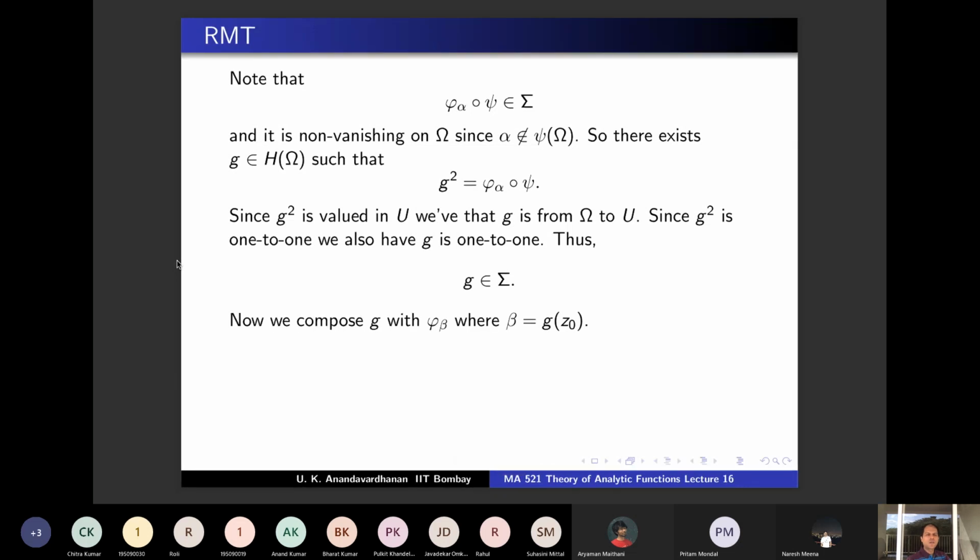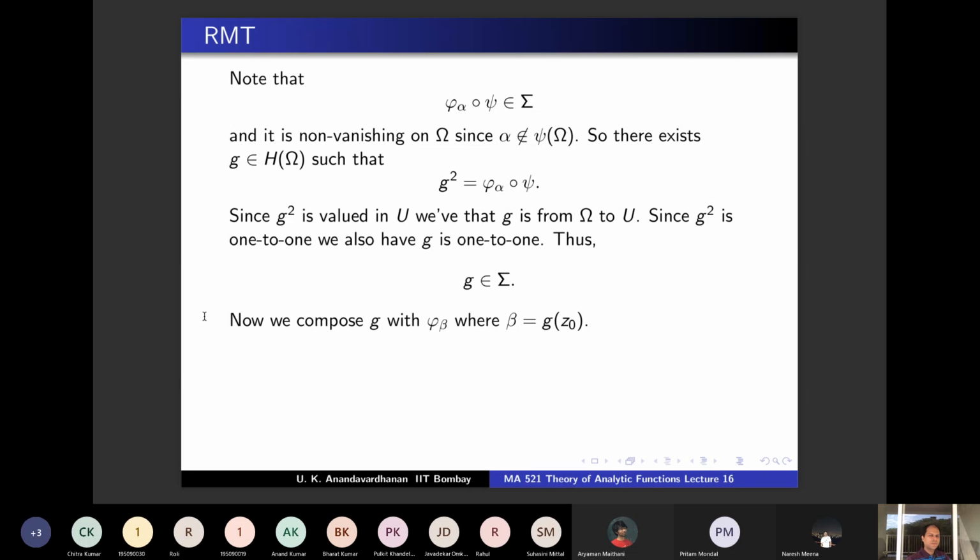And now we are going to compose this G with phi beta, where beta is G of Z naught. Remember, you're given me some point Z naught in omega, and corresponding to that Z naught, I'm going to choose a psi 1. So you have composed with phi alpha, taken its holomorphic square root, and further composed it with phi beta, where beta is G of Z naught.